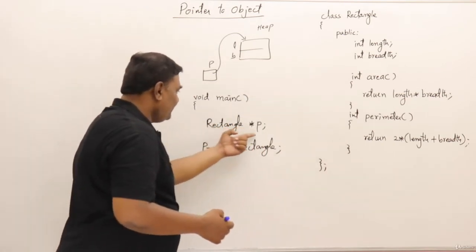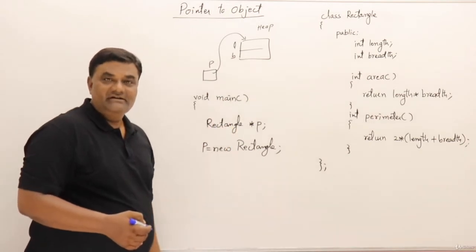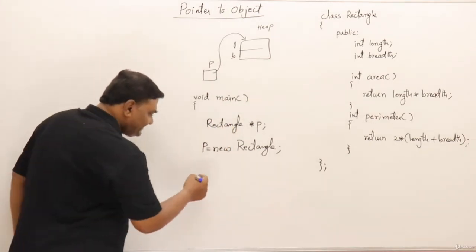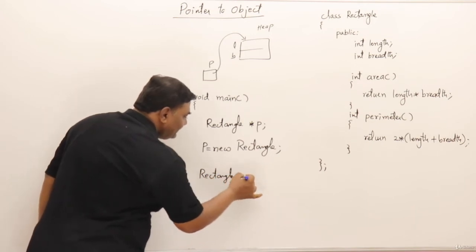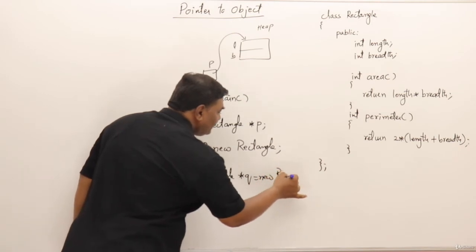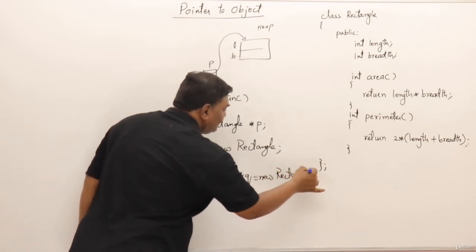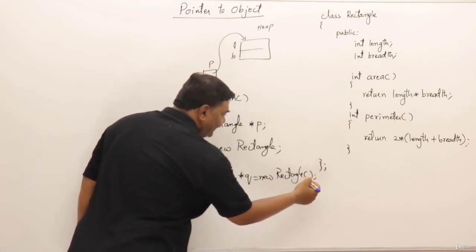See, first declare a pointer, then say new Rectangle, and the object will be created in the heap. I can write the whole thing in a single line also. Rectangle star Q assign new Rectangle. I can even write empty brackets here.